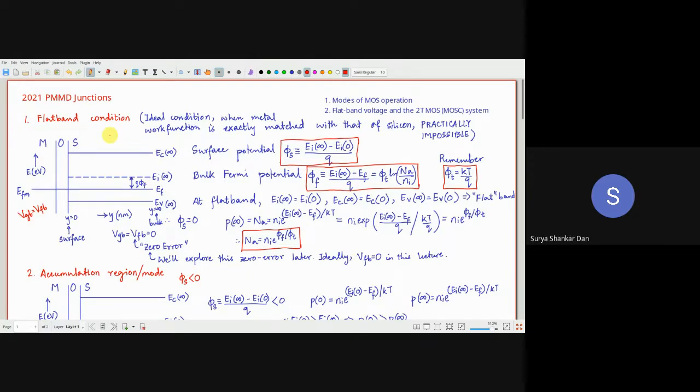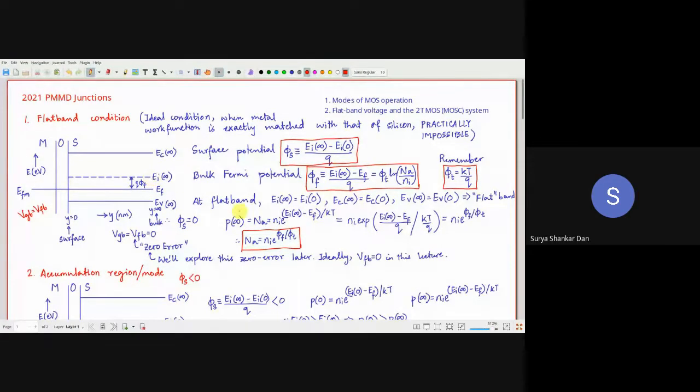Got it? Now we will do a little bit of analysis over here because we will require this later on. Notice this P infinity. What is P? Hole concentration, free hole concentration. Infinity means at the bulk. So the free hole concentration at the bulk is equal to Na, everybody knows, is equal to Ni e to the power of (Ei infinity minus Ef) by phi t.